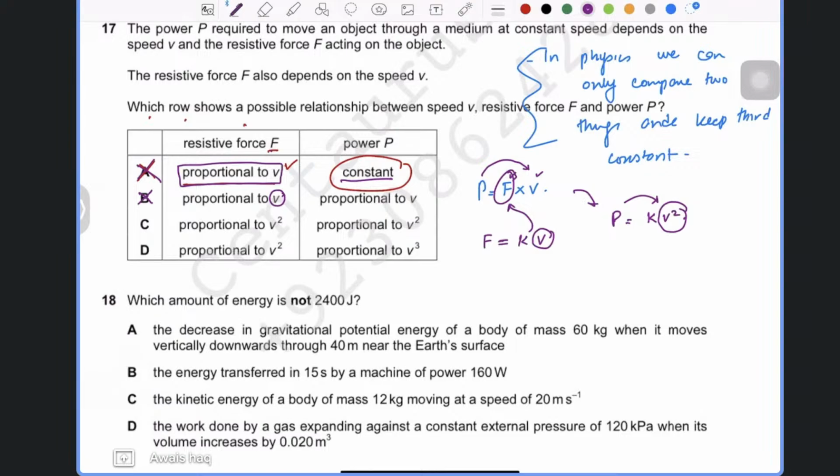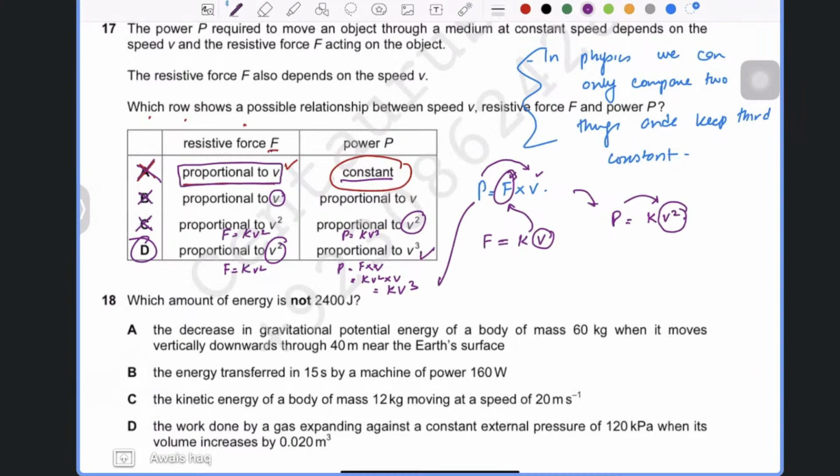Now if I put force equals kv squared back into this equation, power equals kv cubed, but it's not there, so this has to be wrong. If I put kv squared back into F equals this one, it should be kv squared times v, so it's going to be kv cubed, which is the correct relationship, so it has to be the answer. Understood?